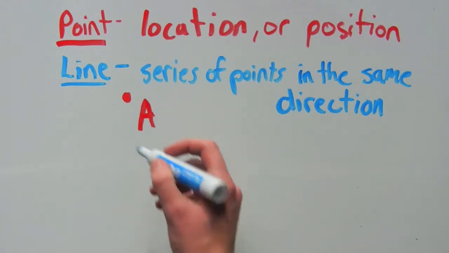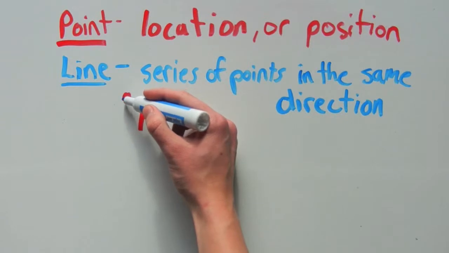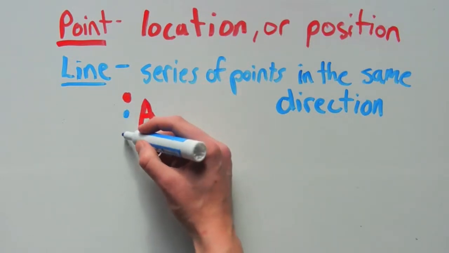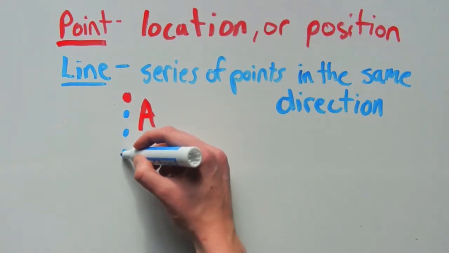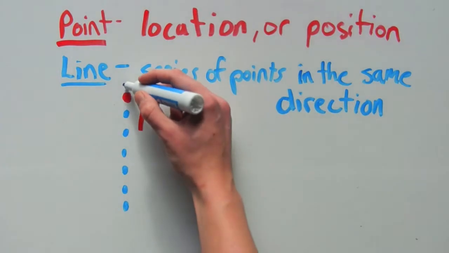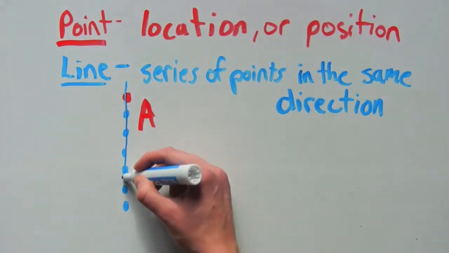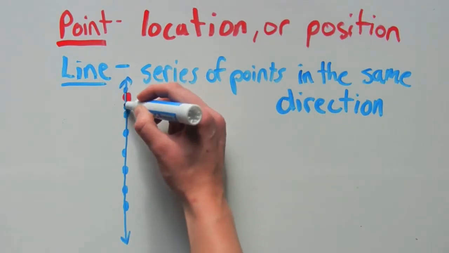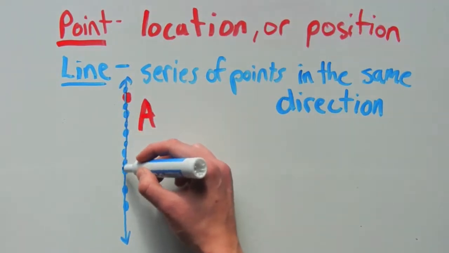What this is saying is if we took point A and moved it straight down to another point, say B, then kept going down with it, C, D, E, F, and so on, when we connected those series of points, that is what creates our line.